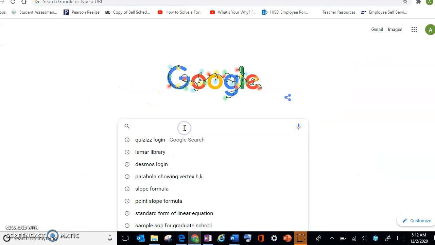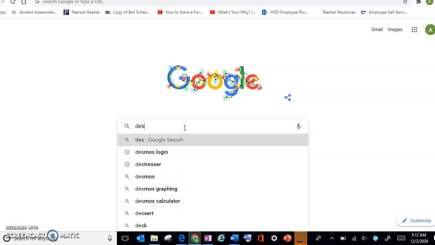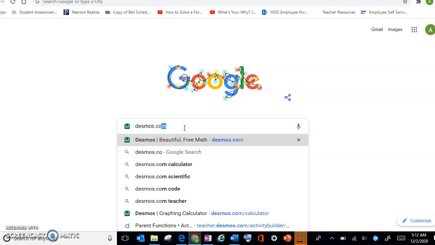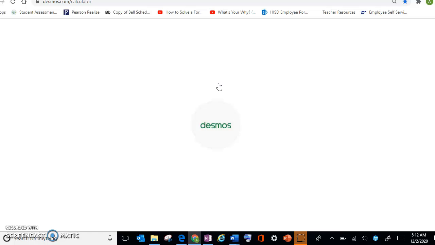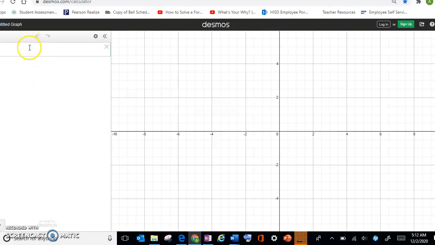So I type in desmos.com, Desmos Beautiful Free Math graphing calculator, and type the equation in here. What was that?